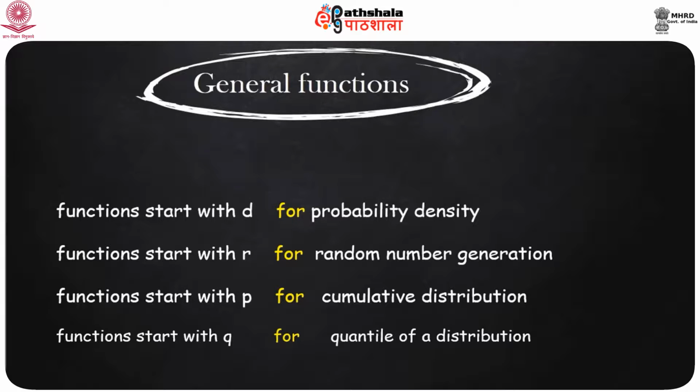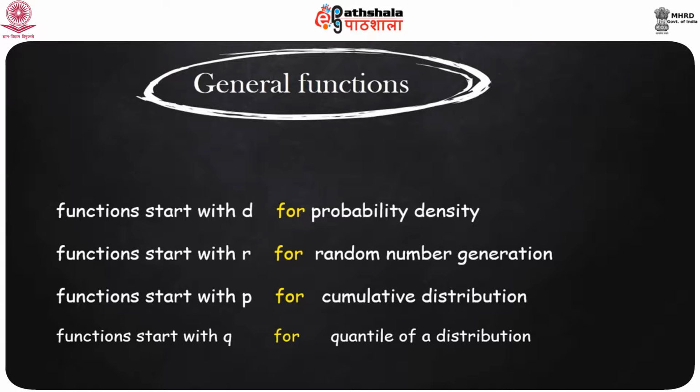Again, the function that starts with P helps us to find the cumulative distribution, and as we can think of intuitively, the function that starts with Q helps us to find the quantile of a particular distribution. So, if you compare this with what had been discussed previously, there also the rnorm function was used to generate random numbers from the normal distribution.